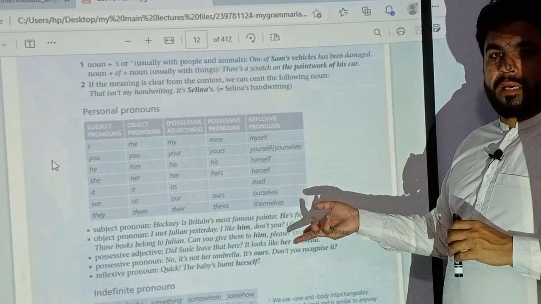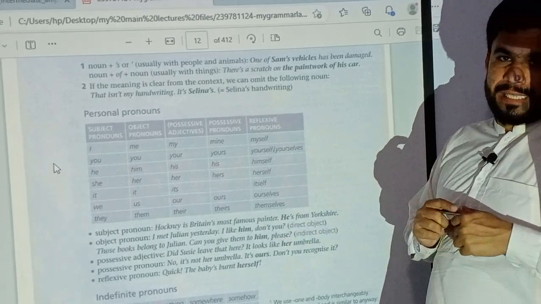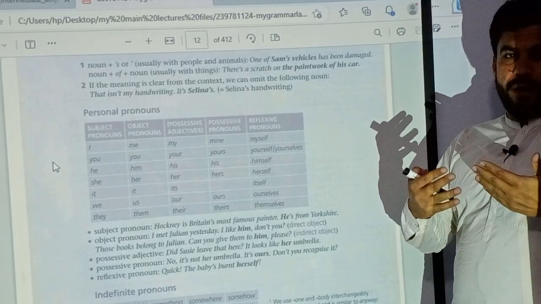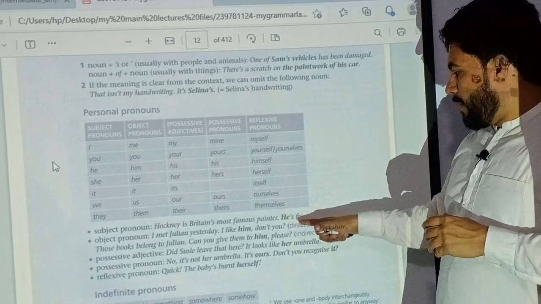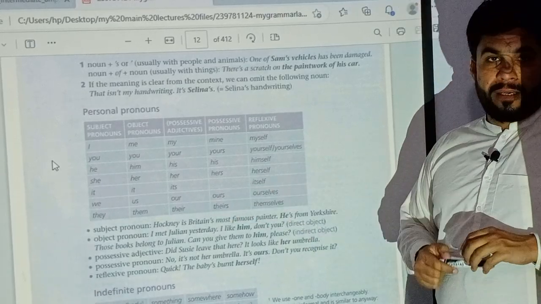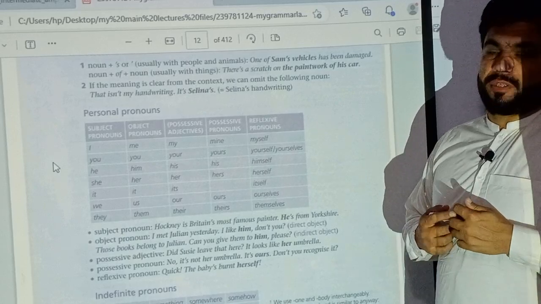So we'll use a pronoun to refer to the antecedent. Now what is an antecedent? Something that comes prior in a sentence. So, he's from Yorkshire. Now he means Hockney, who is a famous painter in Britain, right?